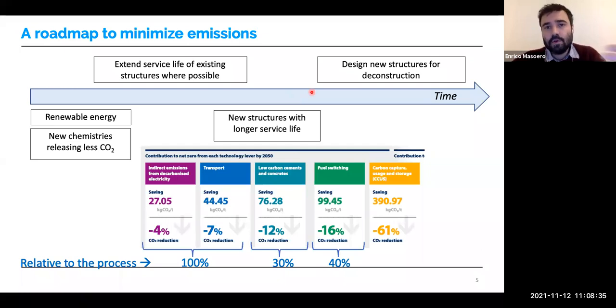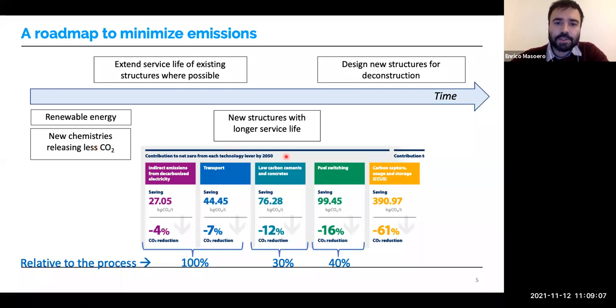And also, looking ahead, if we can validate methods that allow us to reuse concrete elements instead of demolishing them at the end of life, that can further reduce the production of new concrete and new cement. But these involve other dimensions beyond the material. But certainly, if we want to get an impact in 30, 40, 50 years, we will have to move towards using less material, as well as making the material and the fuels better.